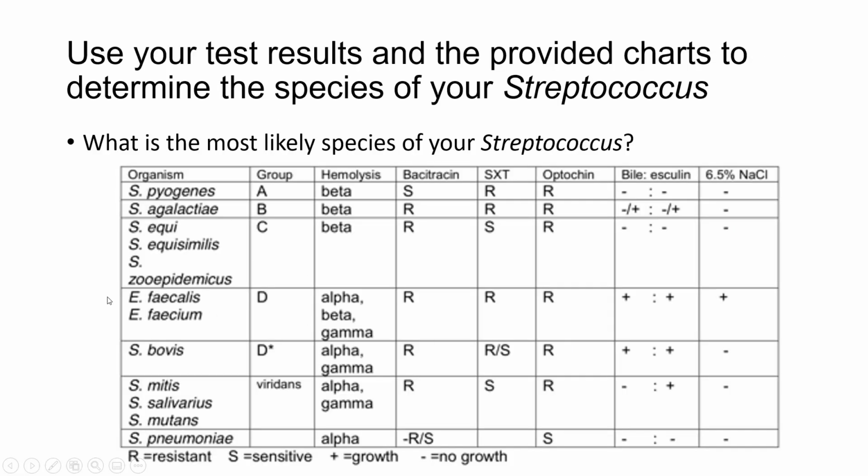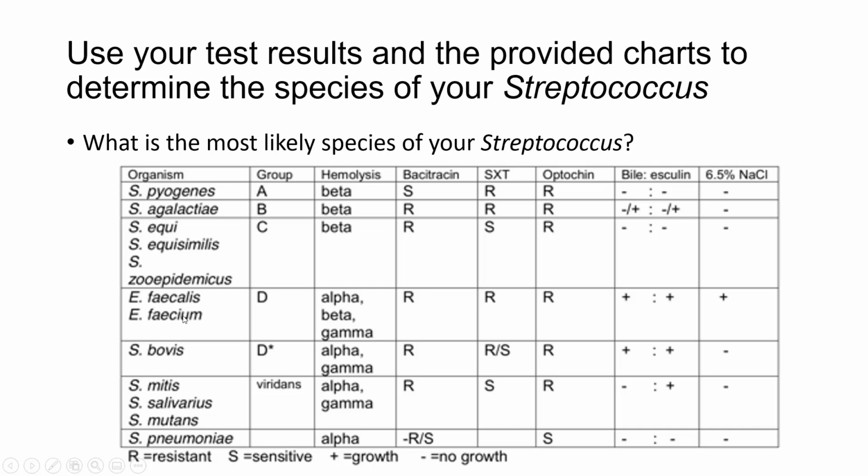So you've written down all these results, and then you get to this chart. It's similar for the staph. So which test results do we have? Well, in this unknown number 1, we picked a beta hemolytic. So the first 4 boxes include a possibility of beta hemolytic.